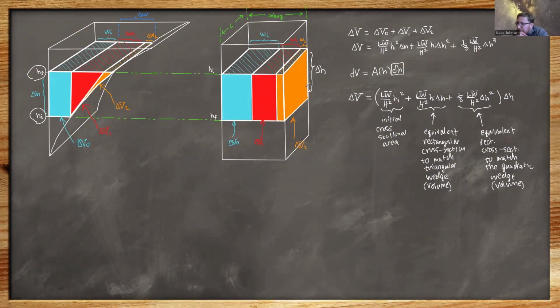Sorry, so you're factoring out the delta H, and this is kind of like what this wedge over here would have looked like as a rectangle at the start. So that's what this is saying, basically. I would just make one addition. It's not what it would look like at the start, it's what it would look like across the full interval from start to finish.